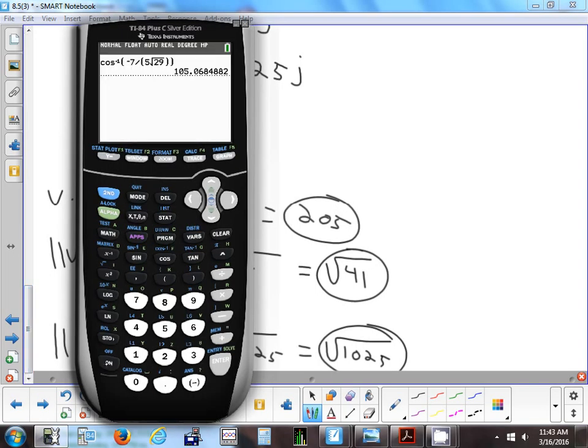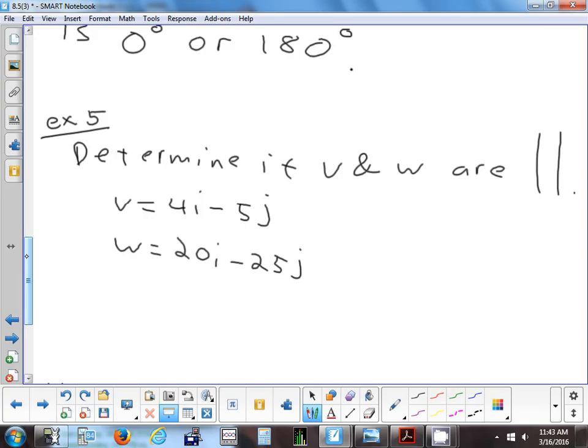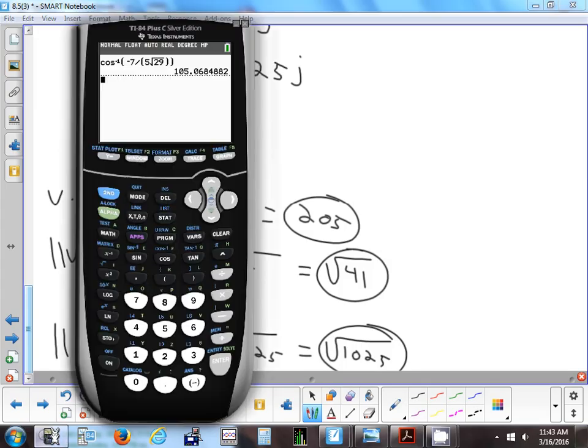Let's just multiply the magnitudes together. All they're asking is, are they parallel? If they're not parallel, they're not asking for the angle. So just check and see if the top and bottom come out the same, or they come out opposites. So square root of 41 times square root of 1,025.